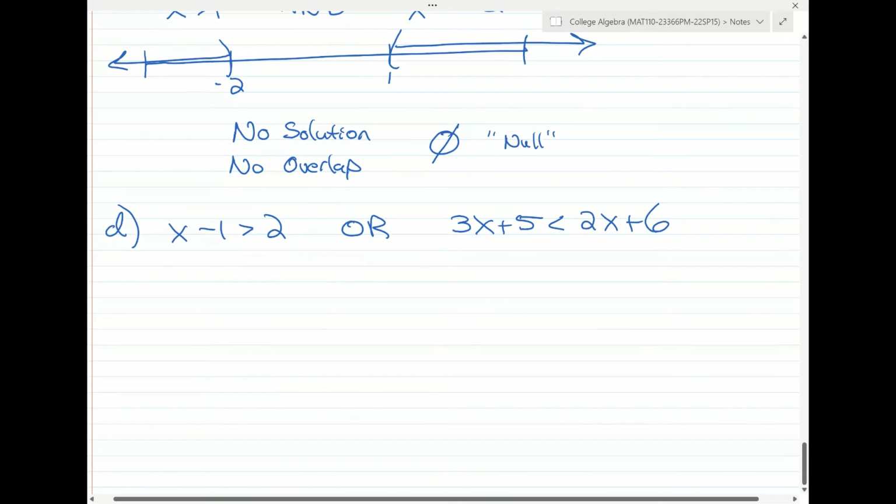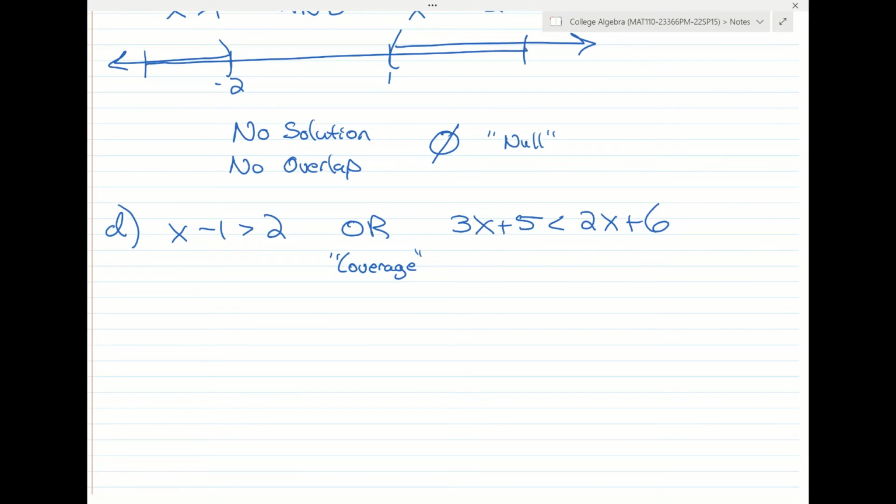Remember, for OR, we're just looking for coverage. Anywhere on the graph that's covered is going to be part of our answer. For AND, we're looking for overlap. For OR, we're just looking to see where there is coverage on the graph.